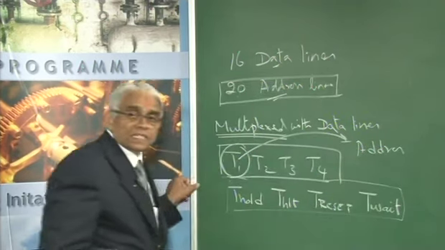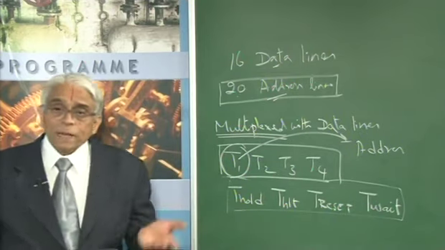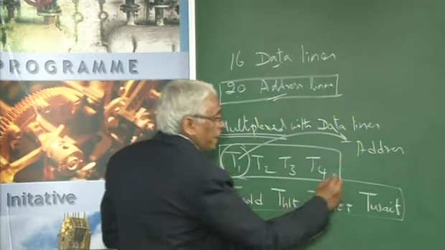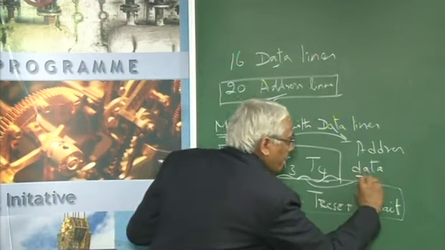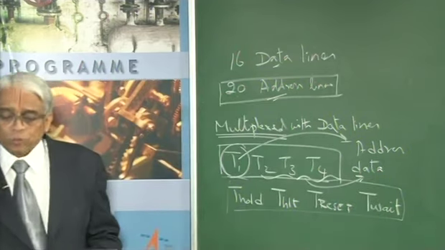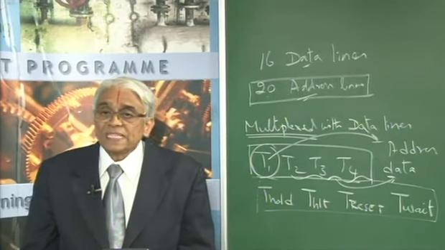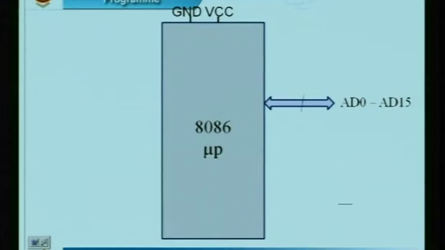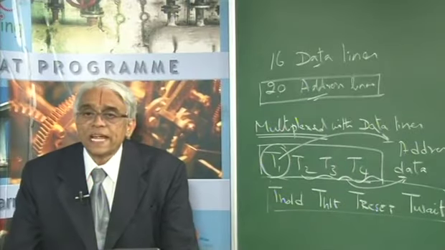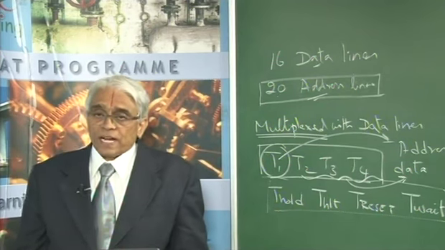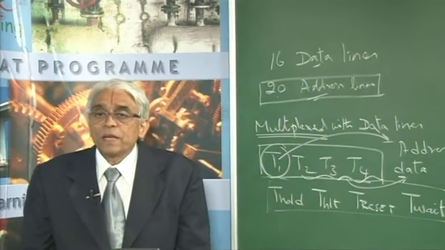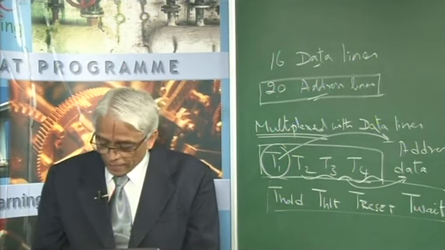During the remaining period of time it will have the data. So, these lines AD0 to AD15 are 16 address lines. During the T1 state of the microprocessor, these lines are used for address. The remaining time these lines are used for data.